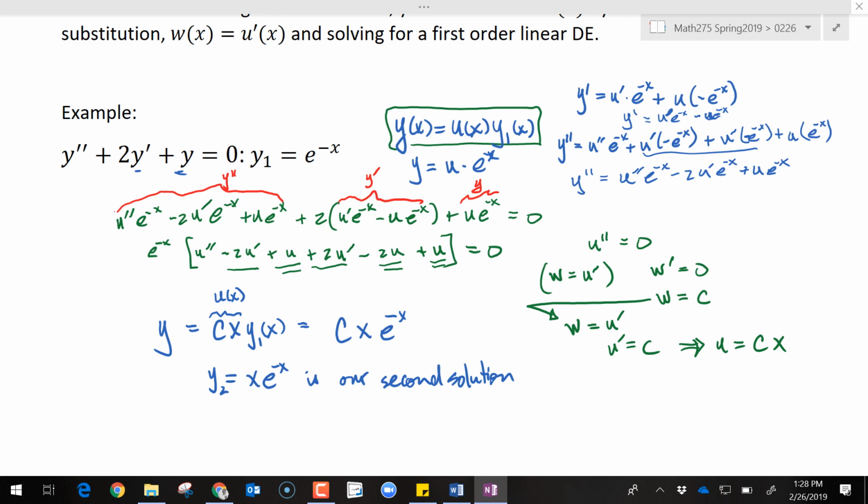In fact, this plus c, or the c constant over here, I ended up dropping it because c times x times e to the negative x is linearly dependent with x times e to the negative x. And so if I'm looking for a basic fundamental solution, let c equal to 1.